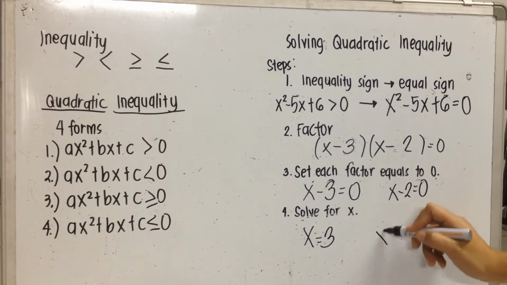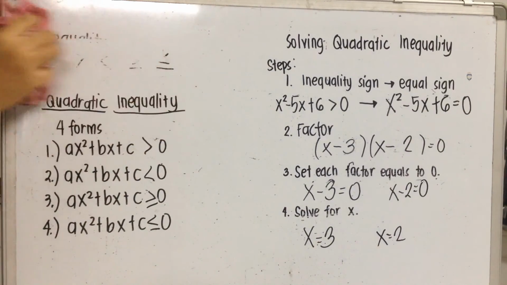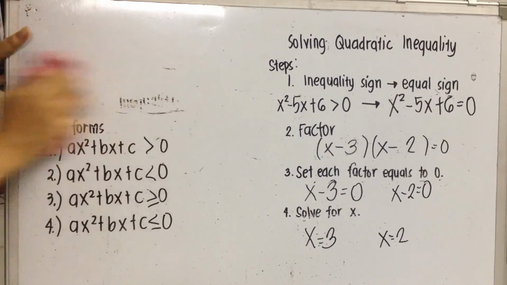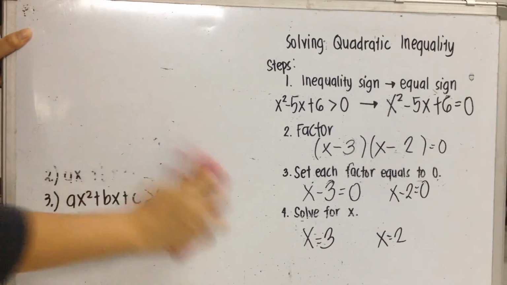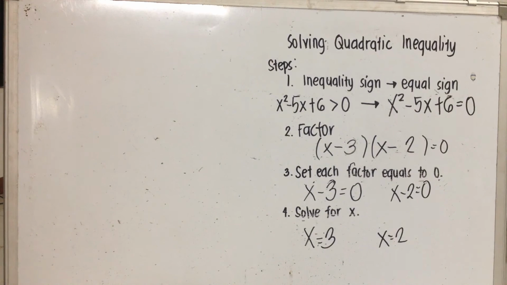Here, x is equal to 2. And then, the last step is we're going to test the values na nakuha natin, which are positive 3 and then positive 2. So, substitute lang natin yan sa ating given equation to prove if the quadratic inequality is true.